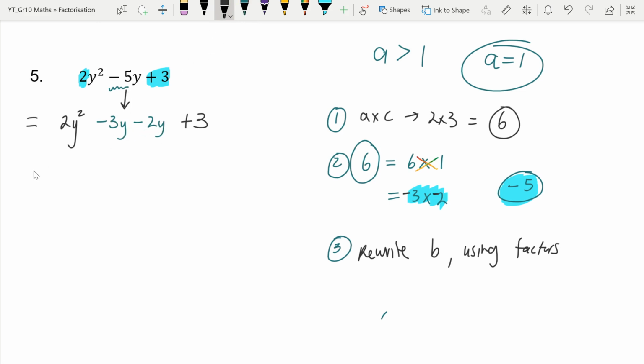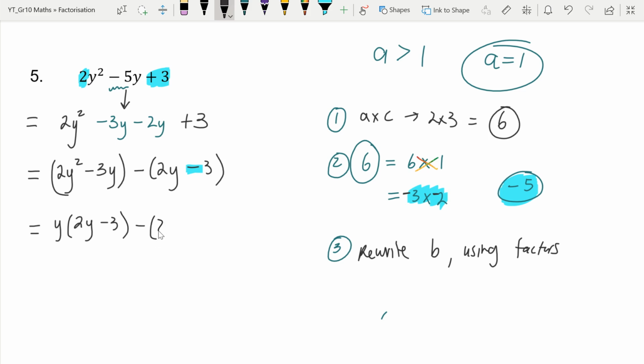Now we're going to do some grouping. Make sure that you watch the grouping videos. So we group those two together, then we group the second two together, and that sign is supposed to change. If you don't know why it did, make sure that you watch the grouping videos. In the first bracket, we can take out a y. Then we're left with 2y minus 3.